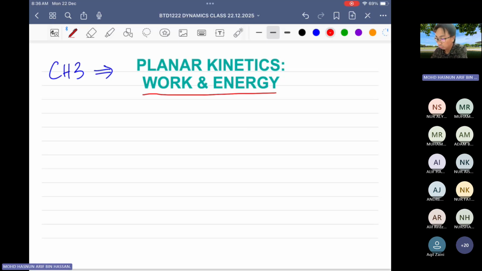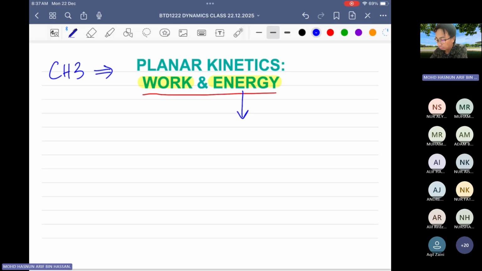There are two keywords here: work and energy. First, we are going to focus on energy. When an object is in motion, what kind of energy does the object have?